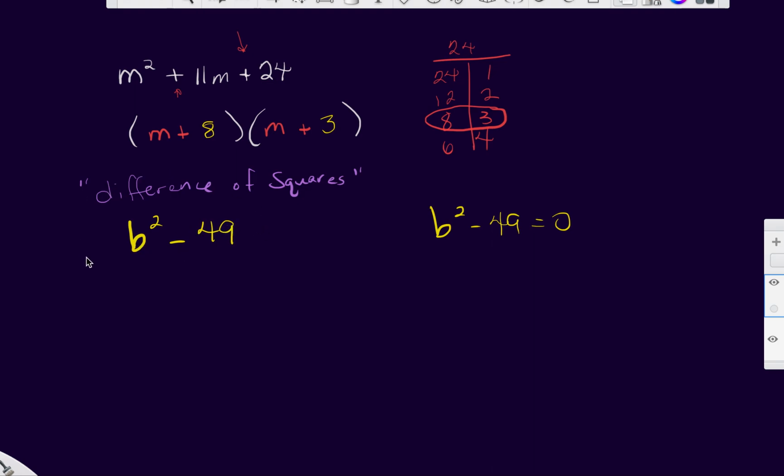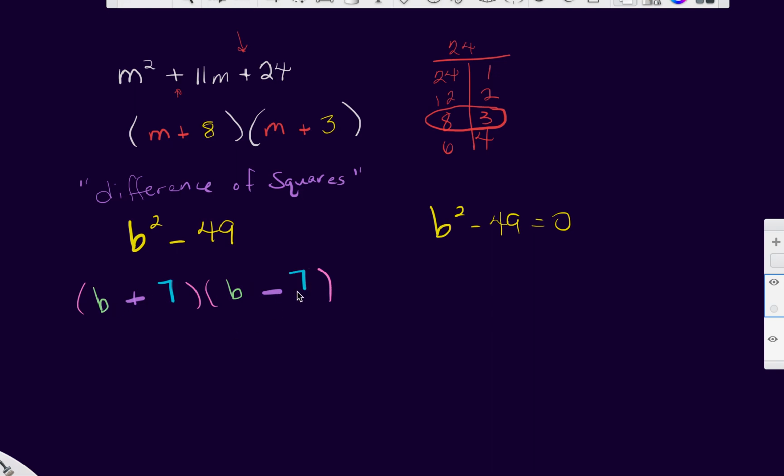How do we get there? Well, I'm going to factor this and show you how we got there. To get a negative before your constant, you have to have addition and subtraction. There's no other way to get it. To get b squared, it had to be b times b. I mean, everybody knows that. And last but certainly not least, the only way to get 49 when you multiply something times itself is 7 and 7.